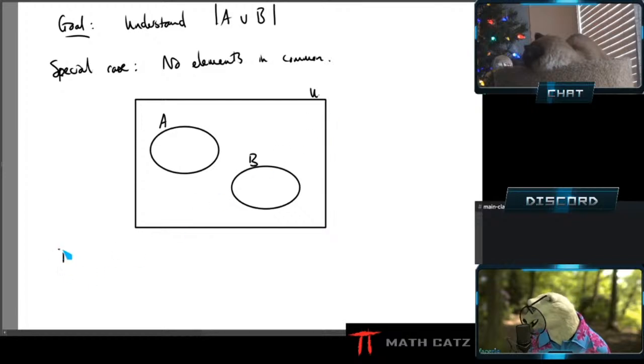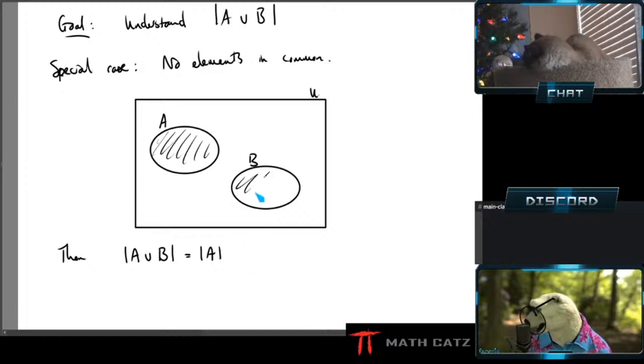Then we can say, well, if I merge these two by way of a union, I can literally count everything that is in A, everything that is in B, and I'll simply add them up, and that will give me the total. No problem. Easy.